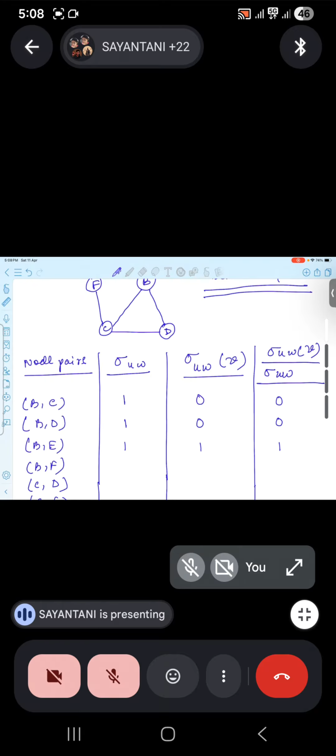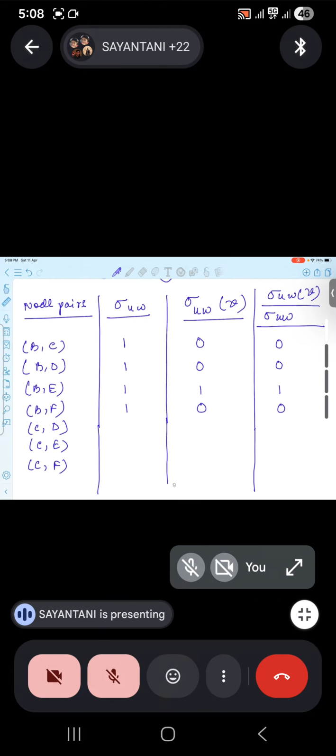B to F, one shortest path, it does not pass through A, the value is 0. From C to D, the shortest path does not pass through A, so the value is 0. C to E, one shortest path, does not pass through A, ratio is 0. C to F, one shortest path, does not pass through A, the value is 0.